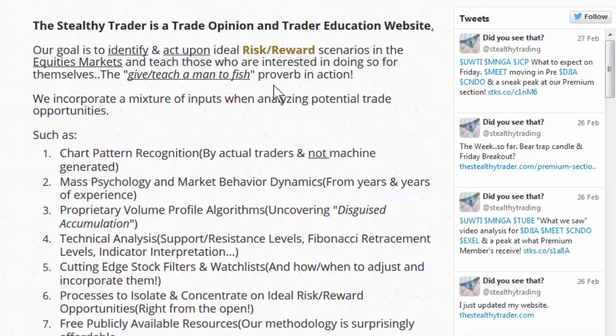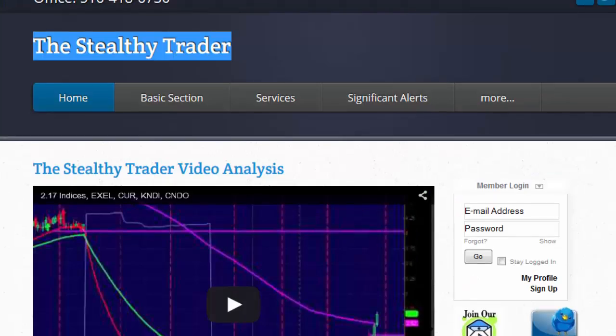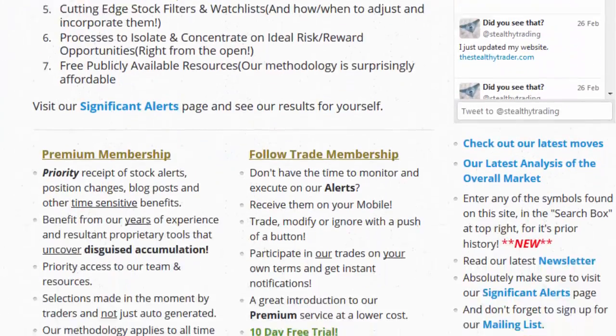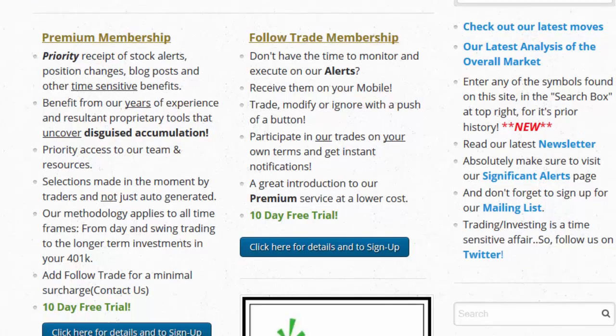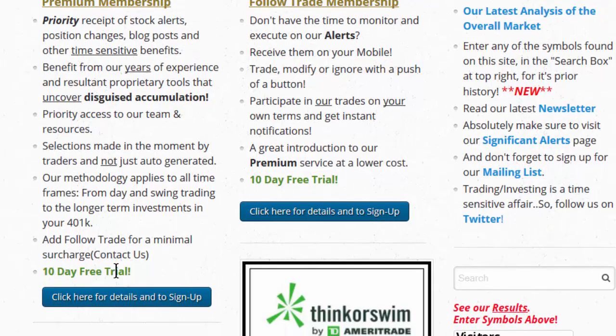Here's just a quick blurb, bullet points on why our methodology makes sense if you're looking to get better returns than what's presently out there, which really doesn't take much, 0.5% maybe, I think. Good luck if you can get that at the banks. And below that are little blurbs about each of our memberships with a link to the register page.